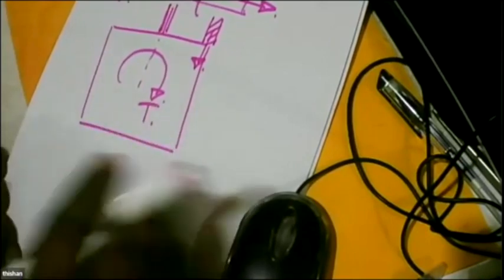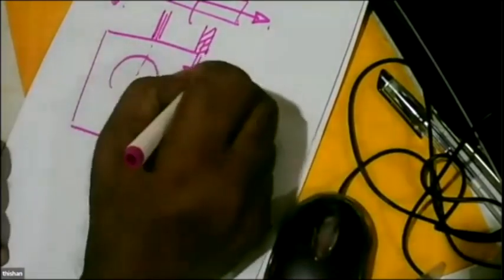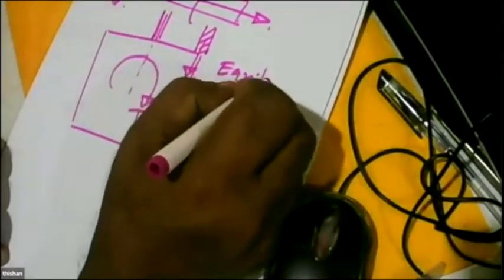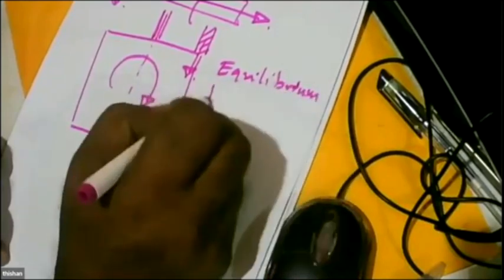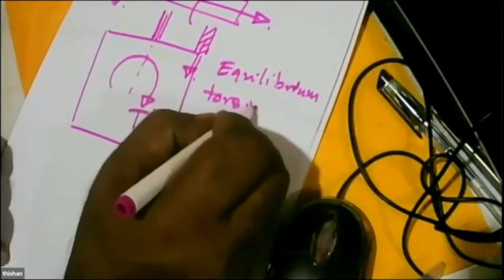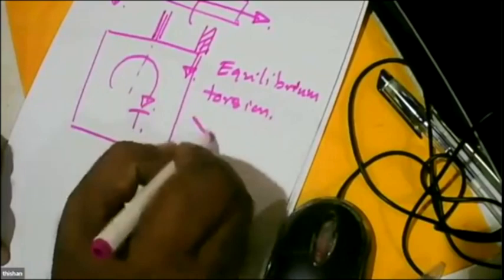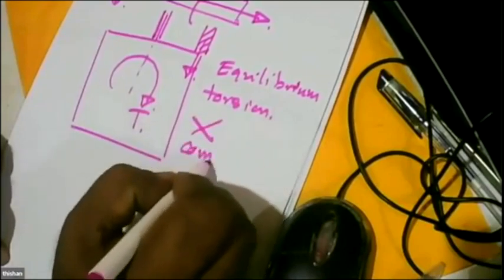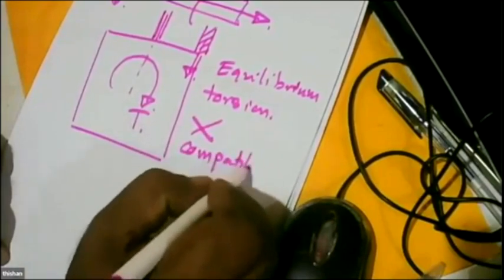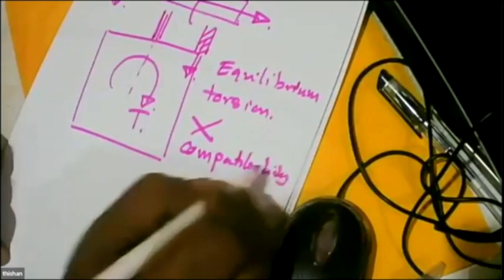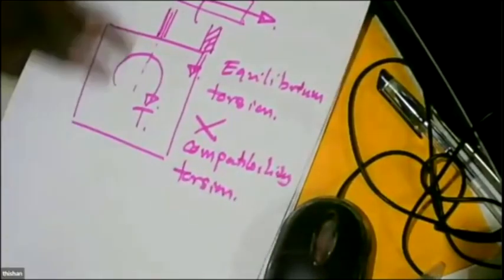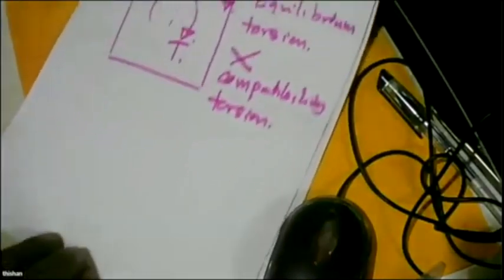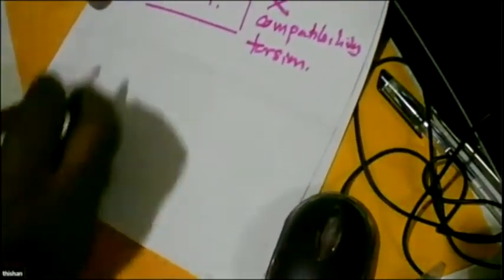And this torsion is equilibrium torsion, and it is not compatibility torsion. Now let's see what is the difference between equilibrium torsion and compatibility torsion.